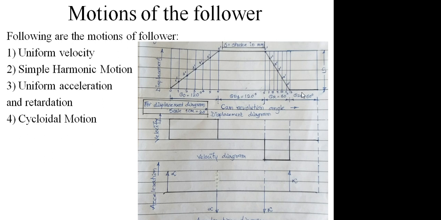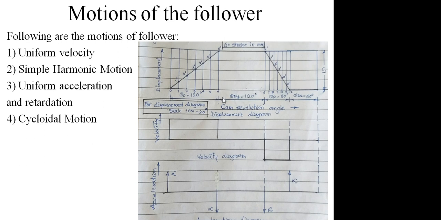And for the next 60 degrees, there will again be the second dwell period. Now this is 120, 120, 240 plus 60, it is 300 plus 60, it is 360. So this is one complete revolution of a cam. For one complete revolution of cam, this is the displacement diagram of the follower.